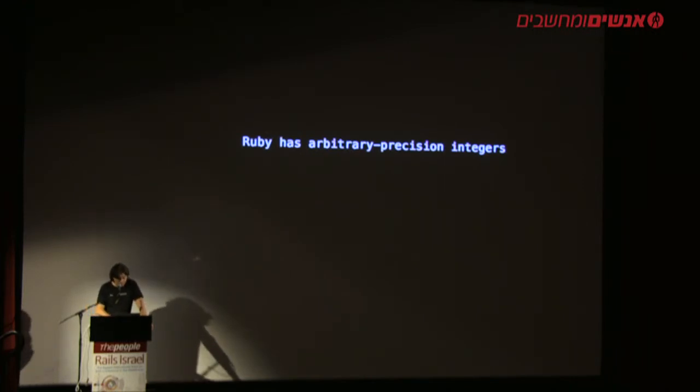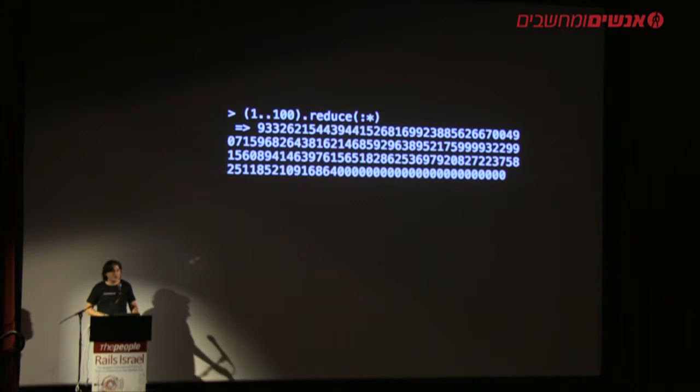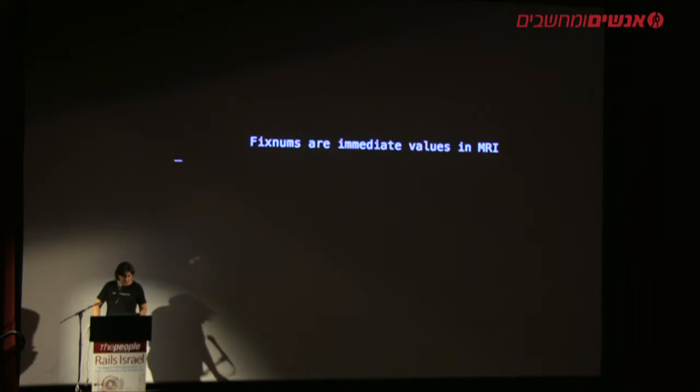Ruby has arbitrary-precision integers. You can transparently get integers of any size. This is the factorial of 100. It works very easily. You know that fixnums are immediate values.